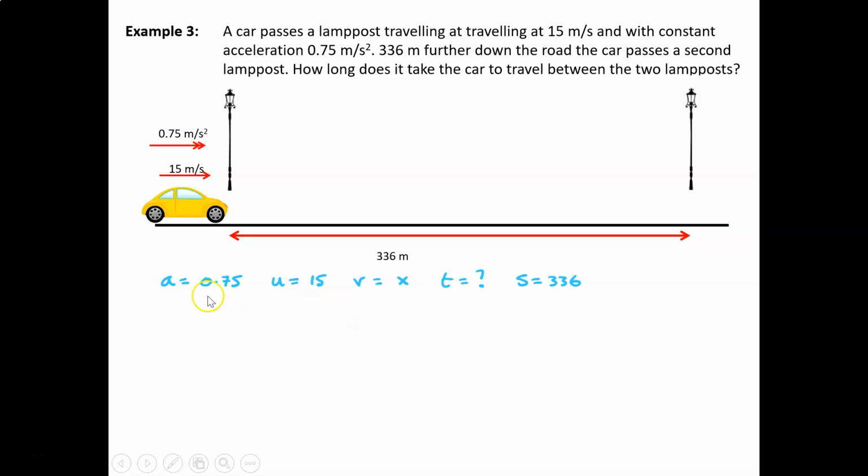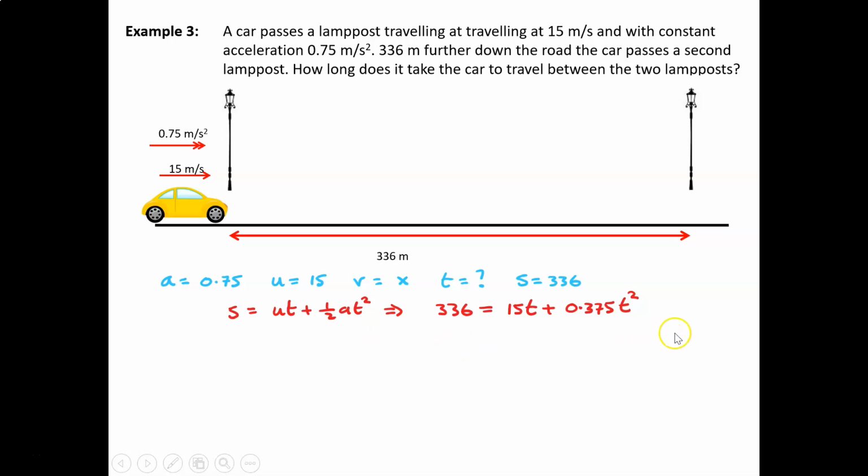So a was 0.75, u was 15, v we don't know and we don't want, t we need to find, how long does it take, and s is 336. Therefore, the equation that does not use v is this one. So s is ut plus a half at squared. Putting in values, 336 is 15 times t plus 0.375 times t squared.